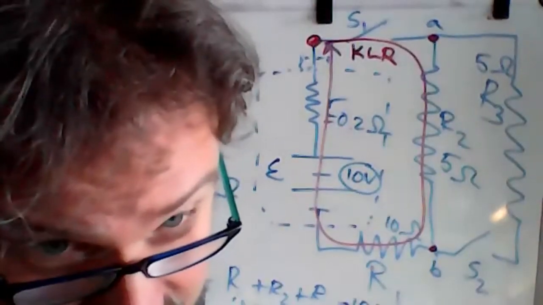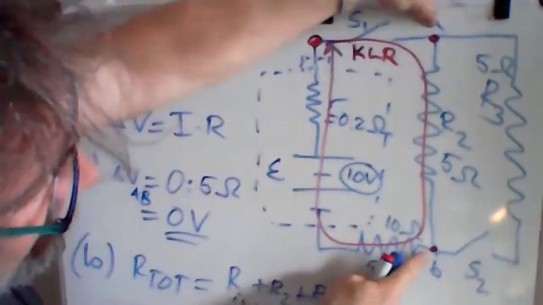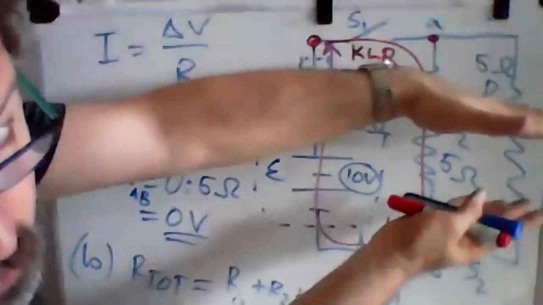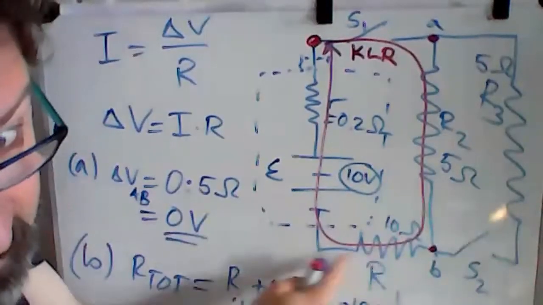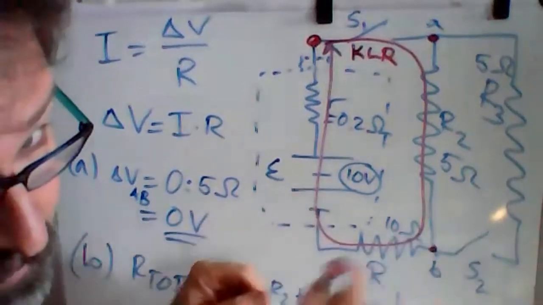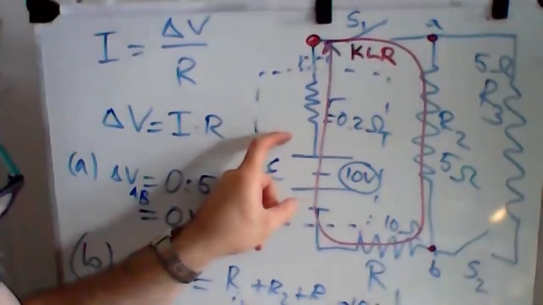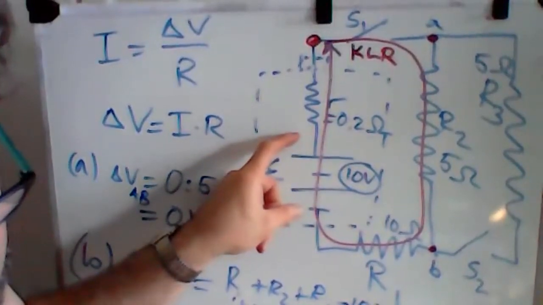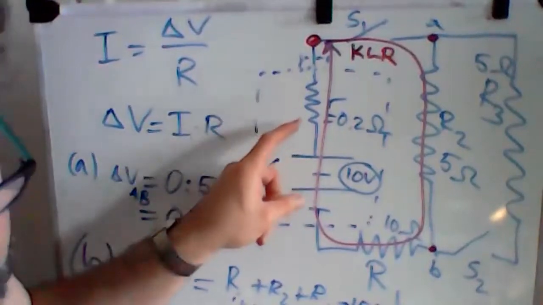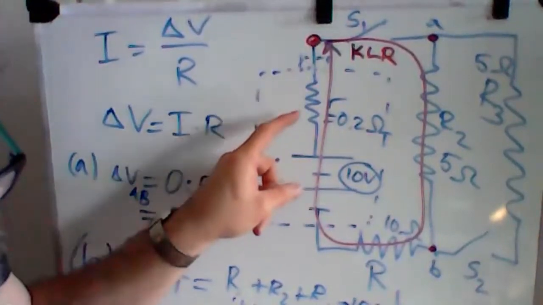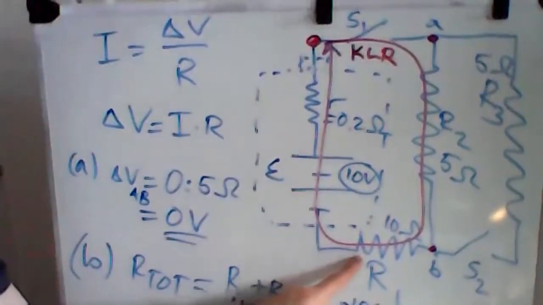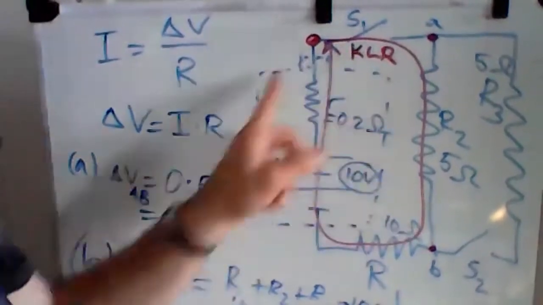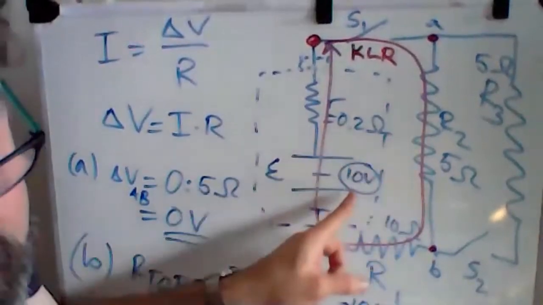Every analogy breaks down at some point. Our ski hills vary in height. In this case, this hill has become shorter because this hill down here has become bigger, but this total height for your whole ski resort system is still the same because your ski lift is only lifting you 10 volts. You're dropping a certain number of volts on a little resistor, which we can almost ignore, a certain number of volts here, and a certain number here. Those three numbers together need to add up to 10.